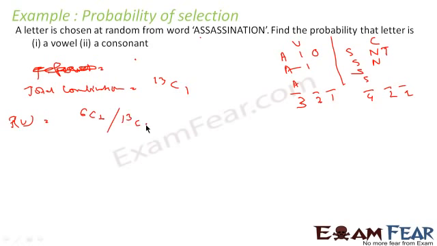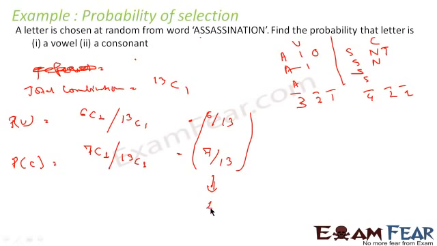Divide by 13C1. So this is my probability of vowels. Similarly, for probability of consonant, we have 7 consonants. So from 7 we select 1. This is the favorable event. And from 13 we select 1. This is the whole event. And this is the probability for consonants. So this comes out to be 6 by 13 and this comes out to be 7 by 13. So if you add these, you see you get 1. So the letter is either a vowel or a consonant.